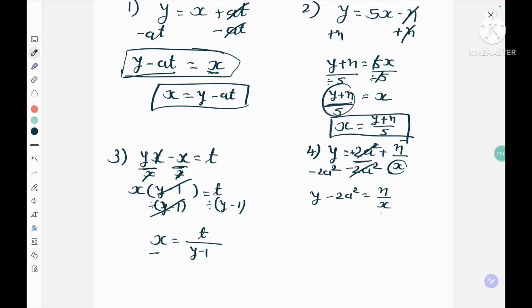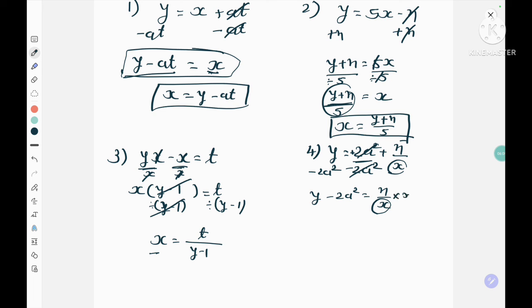Okay, now we have to make x the subject, right? So do you think we can move the n to the opposite side? No. Why? Because x is a denominator, and we do not keep a term in the denominator as the subject. So first we have to make this x a numerator. So we move it to the opposite side, and automatically it becomes multiply, and multiply means it comes to the top.